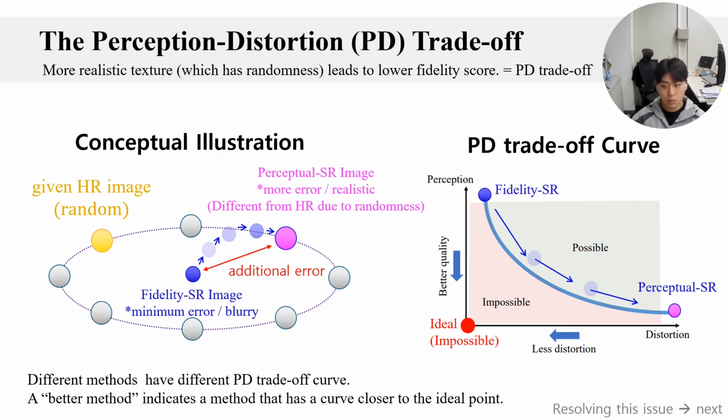And as you can see, we have a clear trade-off relationship where, when we aim for improved perception, we must lose fidelity, and vice versa. Theoretically, no method can go under this curve. And when we say that a model performs better than another, we mean that it's closer to the blue curve. In this work, we're also aiming to go closer to this blue curve, not going across this line.